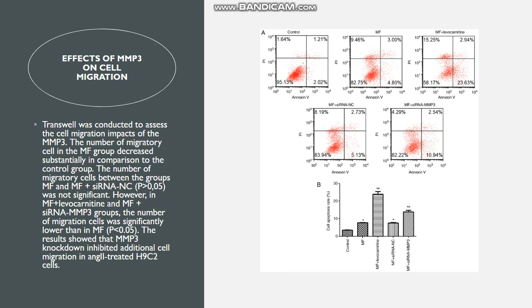The number of migratory cells between the groups was not significant. However, in the groups with MMP3 knockdown, the number of migrating cells was significantly lower than in the model group. The results show that MMP3 knockdown inhibited additional cell migration in ANG2 treated H9C2 cells.